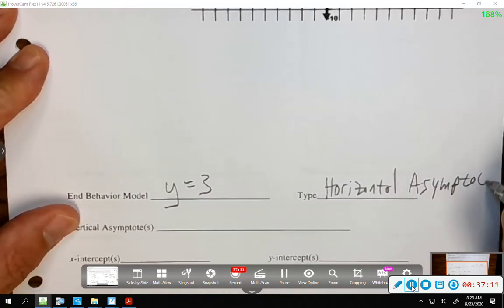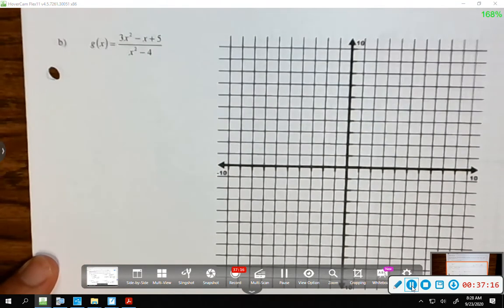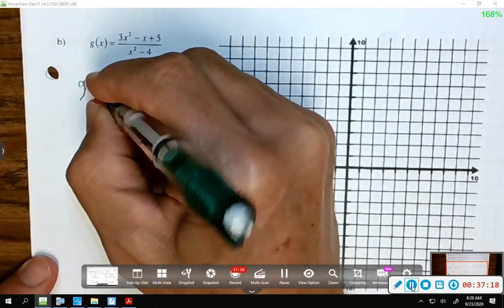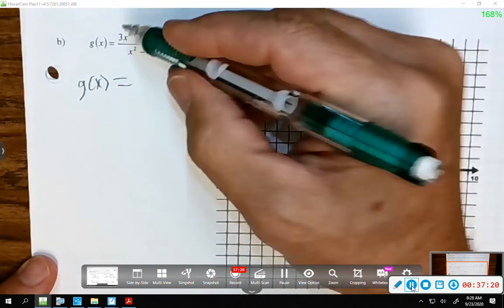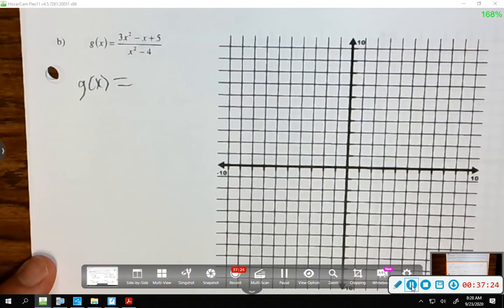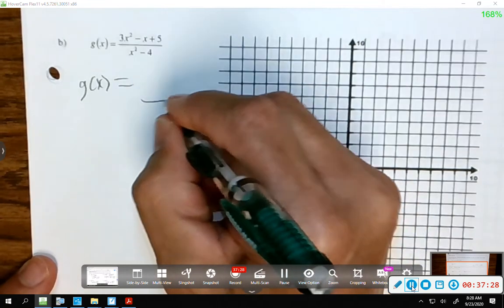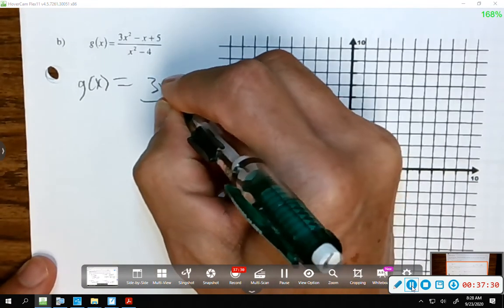Okay? What about vertical asymptotes? Again, let's try to factor the numerator and the denominator. I'm just quickly going to say 3 times 5 is 15. There aren't two numbers that multiply to be positive 15 and add up to be negative 1. Therefore, the numerator is not factorable.